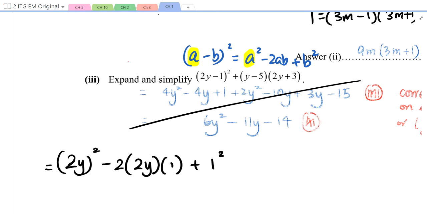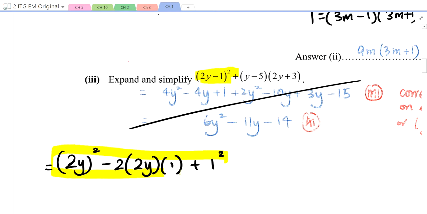This part over here is the same as this. Okay, so now I'll handle the other part. You are lucky, the setter didn't put this as a minus sign. If this is a minus sign, I'm sure many more will lose marks.